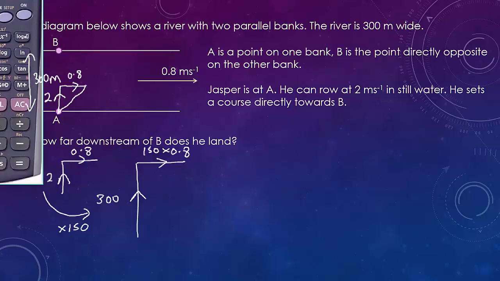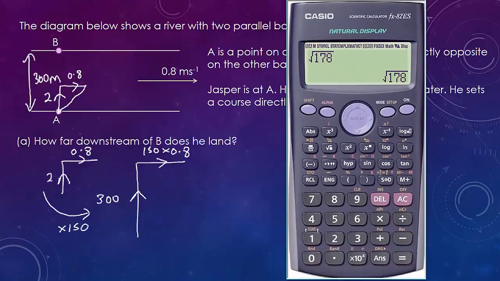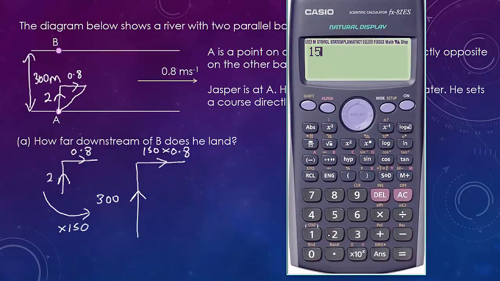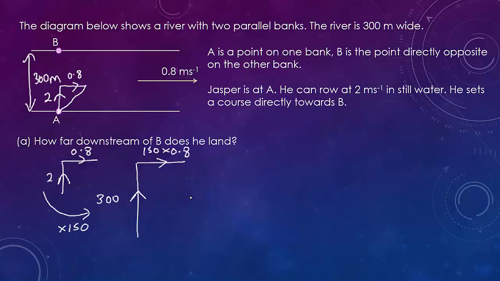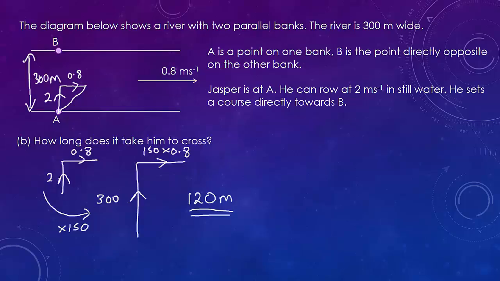So let's just calculate that. So 150 multiplied by 0.8 gives me 120. So how far downstream does he land? 120 meters.